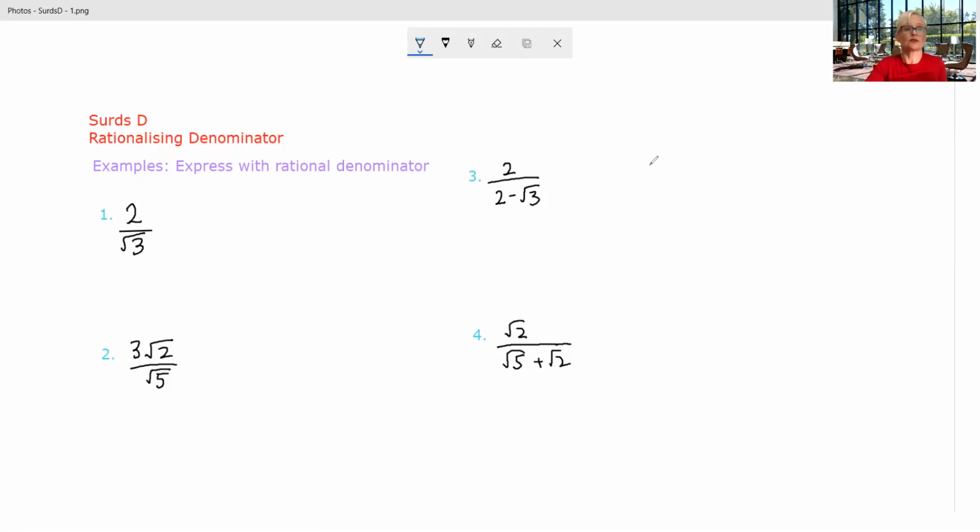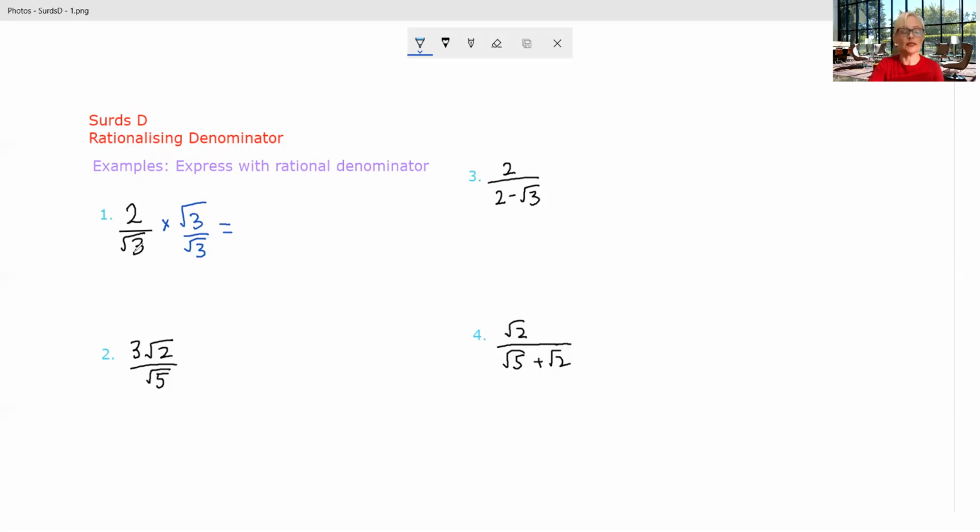If we've just got a single surd in the denominator, like root 3, we know that it's perfectly okay to multiply something by any version of 1 that we like. Root 3 on root 3, I haven't changed this, I've just multiplied it by 1, but I've chosen our version of 1 accordingly.